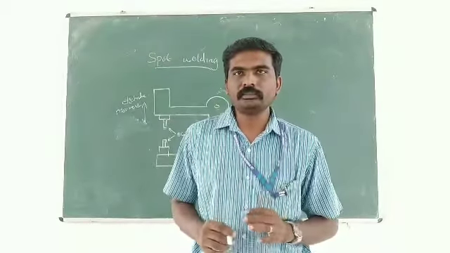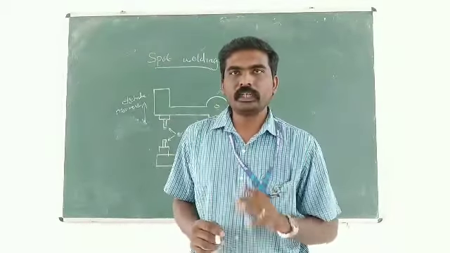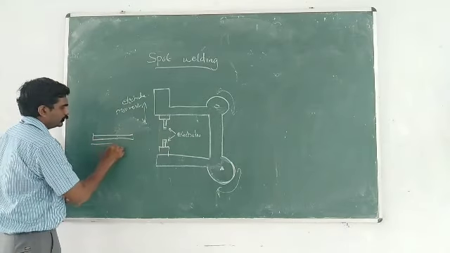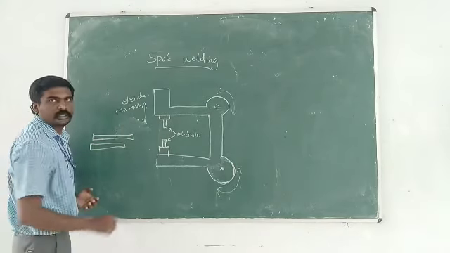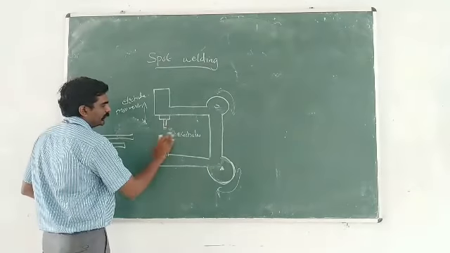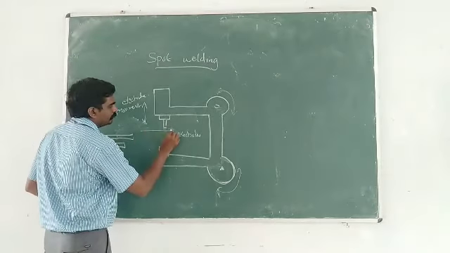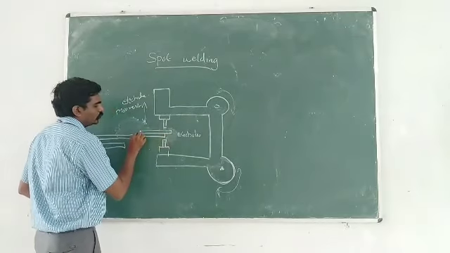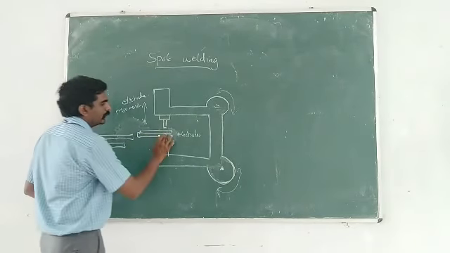Okay, I will explain one more time. If you want to weld these two plates, we have to place the plates here, place one here, place two. Okay, we have to weld here.